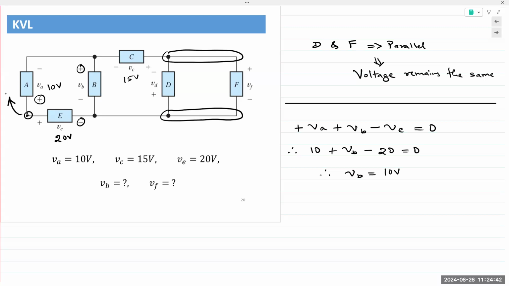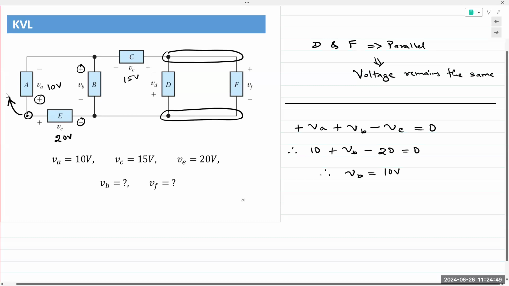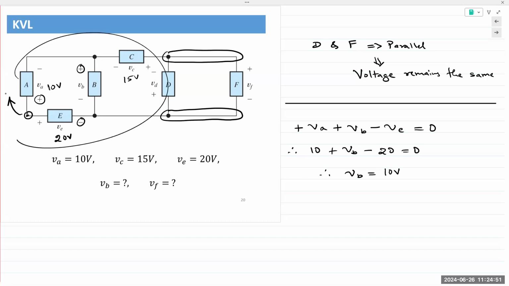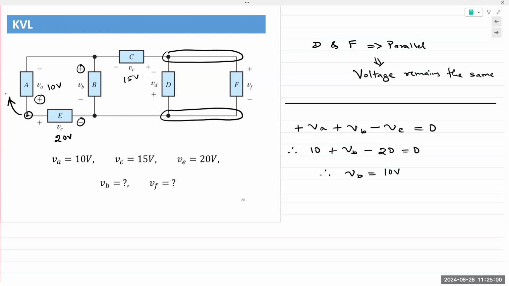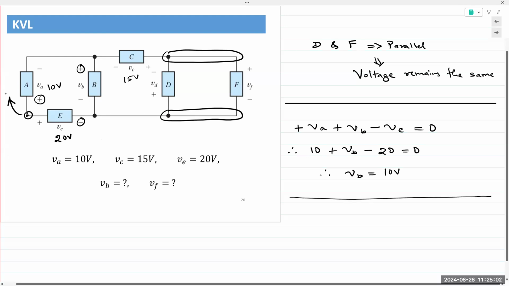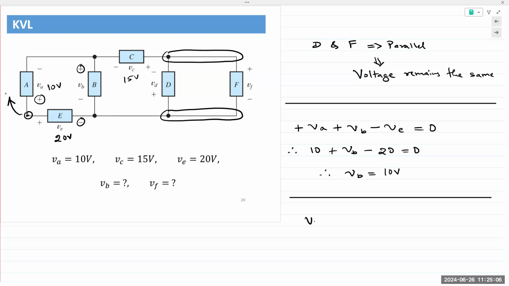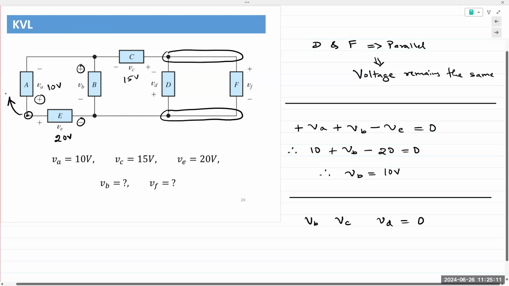Then if we wish to find VD, we apply KVL in the second loop, either here or here, and we can find VD. So if I apply KVL in the smaller loop, I have VB, VC, and VD summing up to 0.